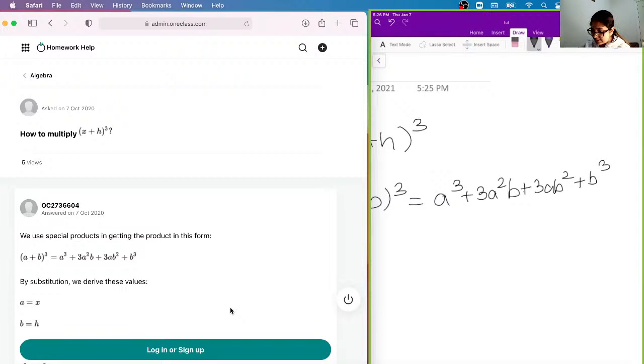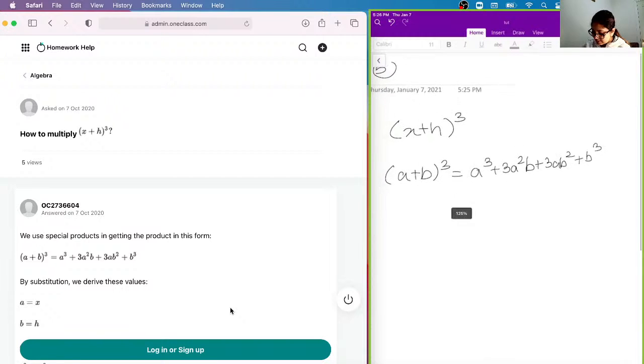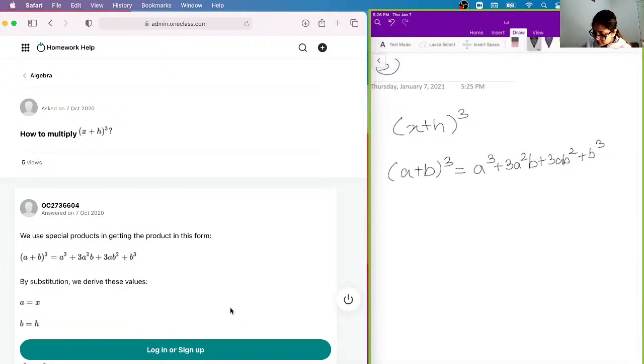Okay. And so by substitution, we can let a is equal to x, b is equal to h.